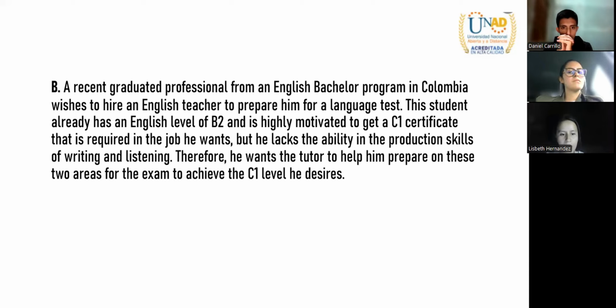I have 8 steps to follow. The first one is to conduct a placement test focused on writing and listening to identify the student's strengths and weaknesses at the B2 level. Number 2, identify the challenges the student has with listening and writing.